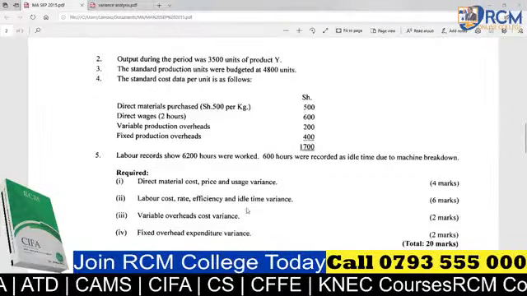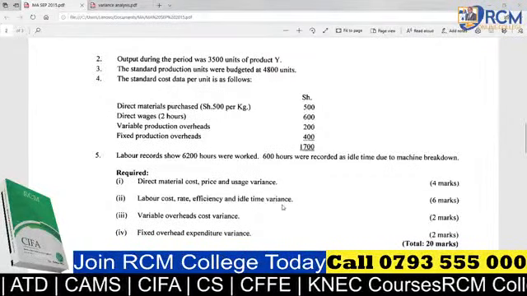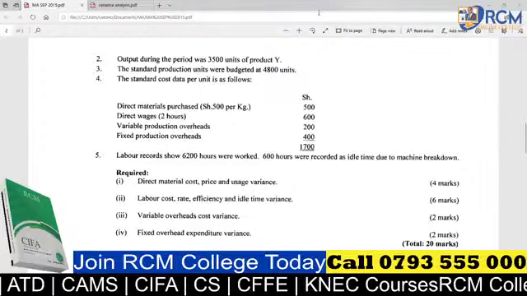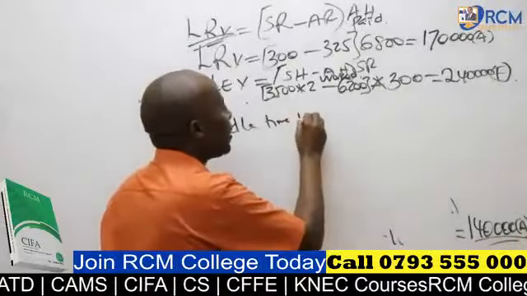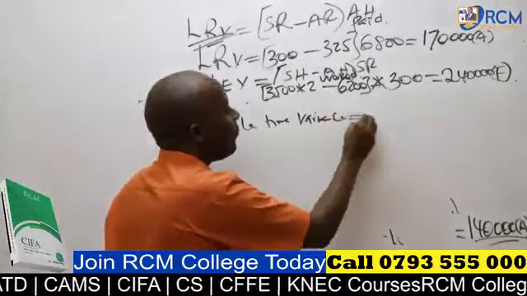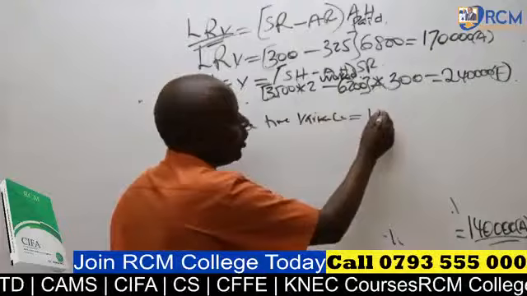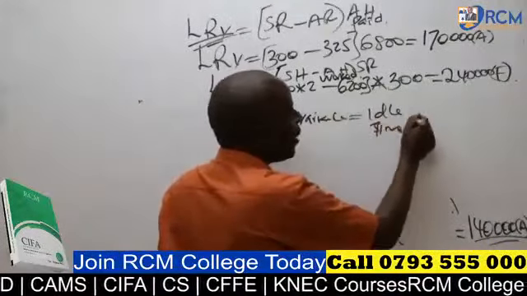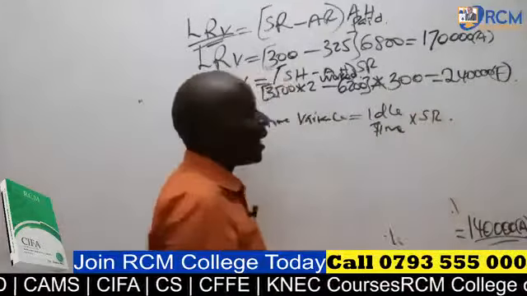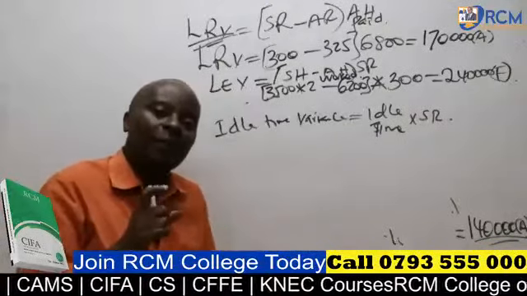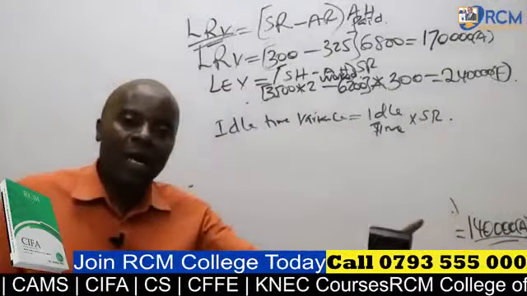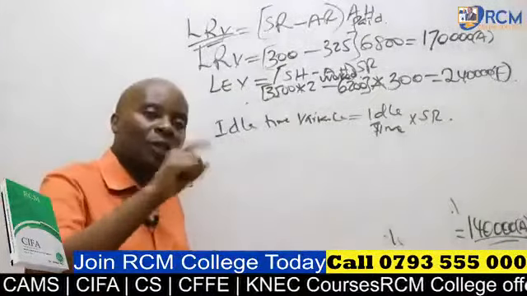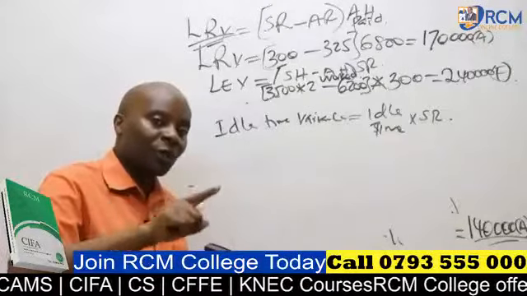To get idle time variance, this is very easy. You will take idle time times SR. That is the time which you paid your workers, but you never got a commensurate production from them.